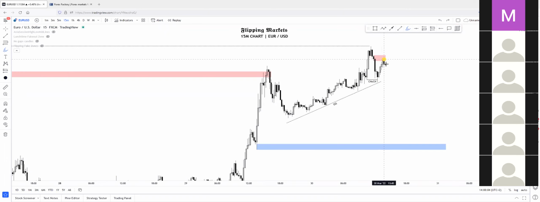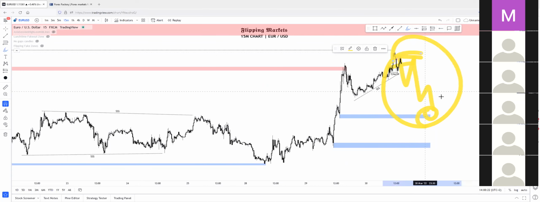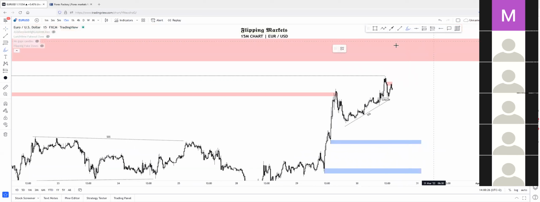If price creates a 1-minute change of character, that confirms all of the time frames will turn bearish, except the 4-hour chart. The 4-hour chart is bullish, but the 15-minute and the 1-minute charts have turned bearish, so you'll be able to take the counter trend pullback trades down to these demand regions. But if you are insecure about the counter trend trades at this region, you can simply wait for a tap of these demand zones or a tap of this supply zone up here. If you are insecure about pullback trades, just wait for your POIs to be tapped.